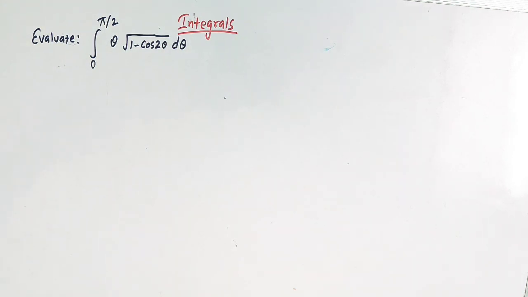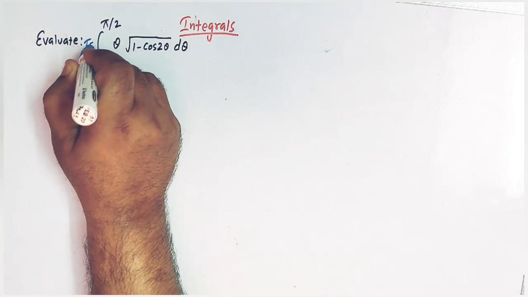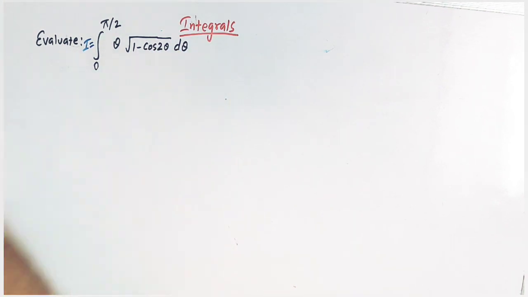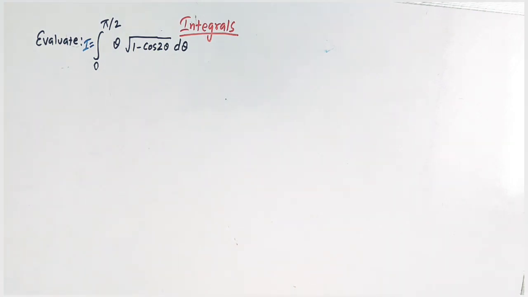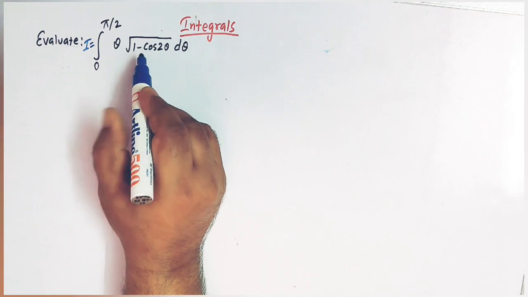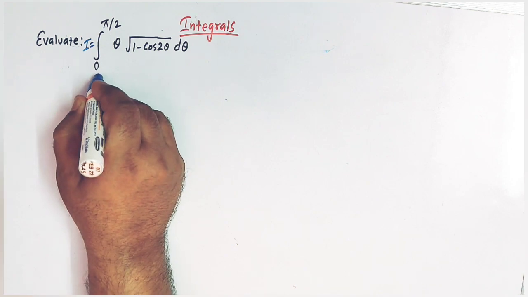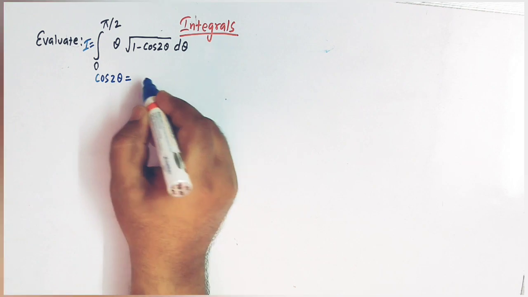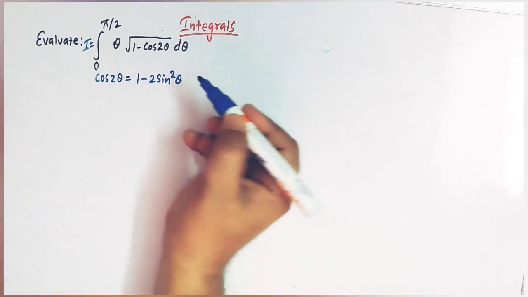So let us start. So let us first call this integral as I, right? Now, before proceeding further, let us first use an important trigonometrical identity, right? Now see, here in the integrand cosine 2 theta appears, right? And we know that cos of 2 theta is given by 1 minus 2 sine square theta, right?